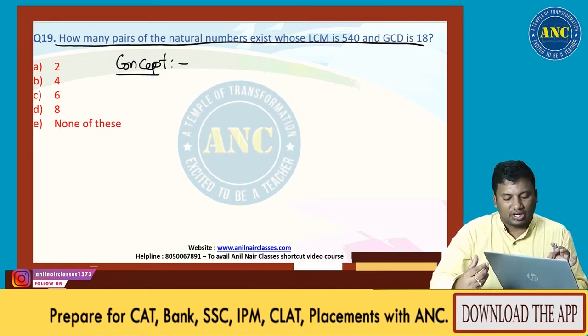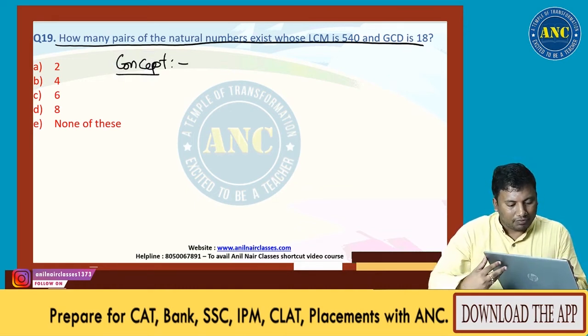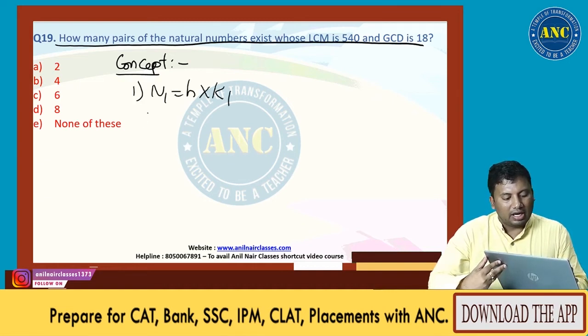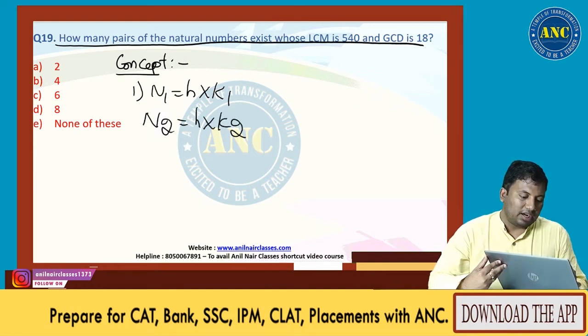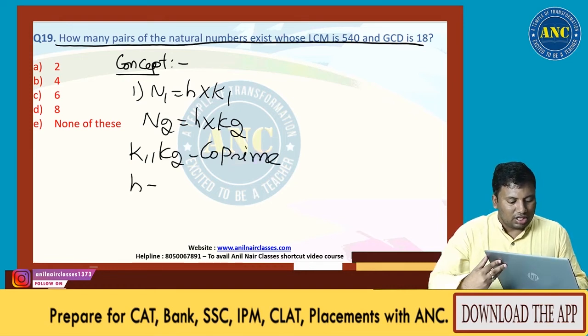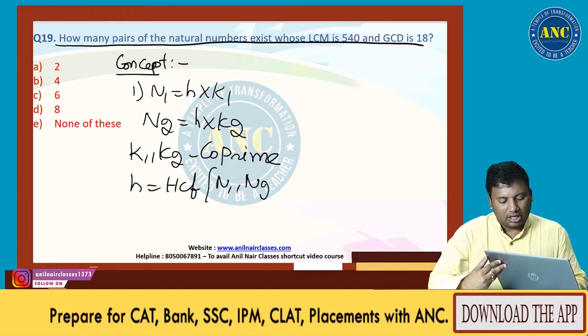I am not interested in the solution to the problem. N1 is nothing but H into K1 and N2 is nothing but H into K2, where K1 and K2 are co-primes. We have discussed this concept. And H is the HCF of N1 and N2.